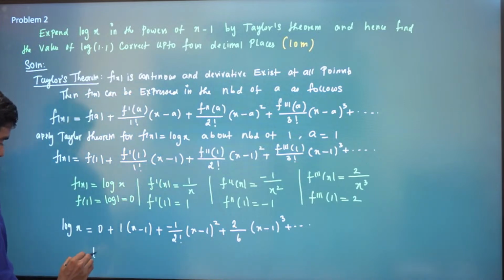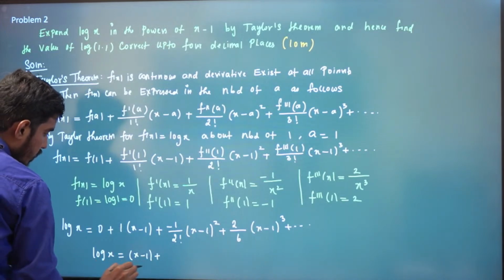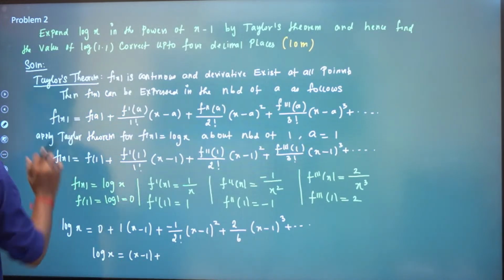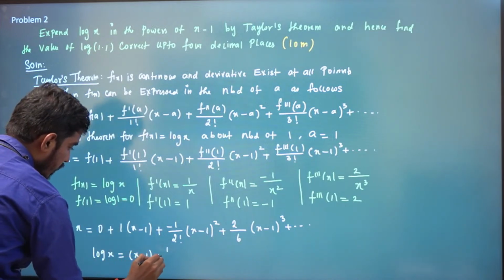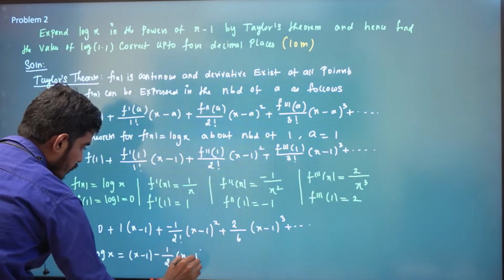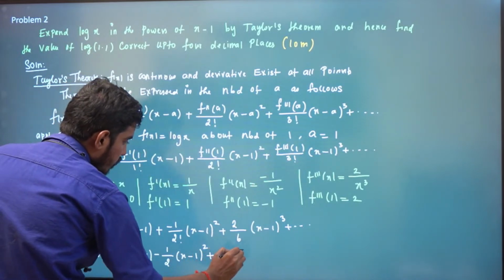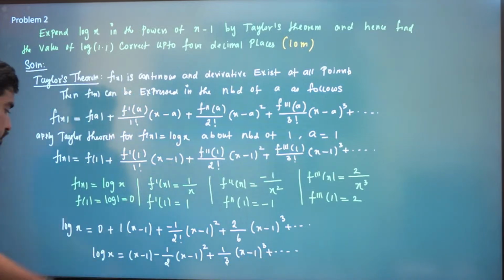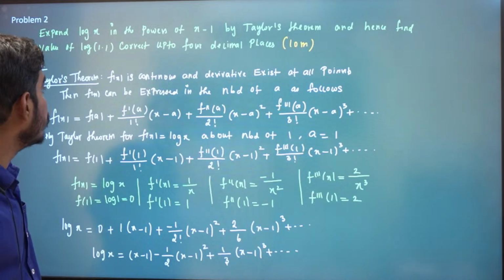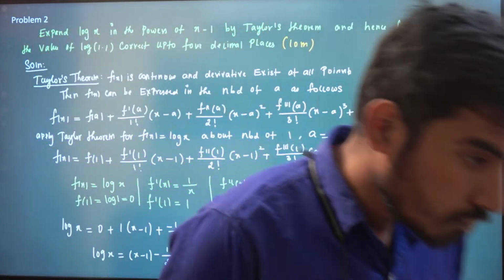So we have expressed log x as x minus 1 minus 1 by 2 x minus 1 whole square plus 1 by 3 x minus 1 whole cube and so on. So we can see we have expressed log x in the powers of x minus 1 by Taylor's theorem. Is it clear up to now?